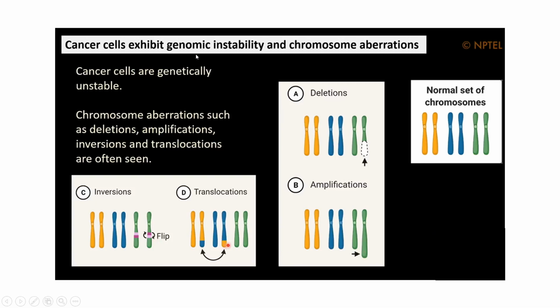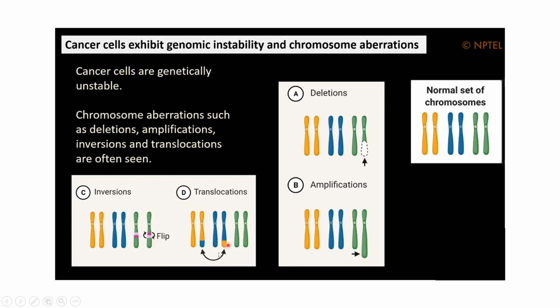So cancer cells also exhibit genomic instability, and chromosome aberrations are there. These are also part of the mutations only. A normal chromosome codes for a normal gene, but there can be a translocation.